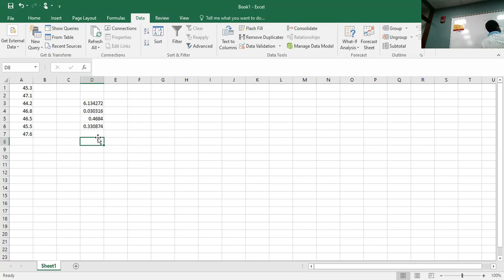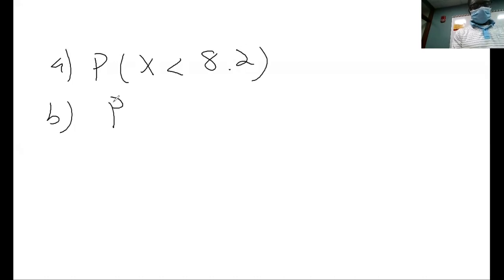X bar with n equals to what? 10. So when you do that, you want to find, A was the probability that x is less than 8.2. B is the probability that x bar is less than 8.2.